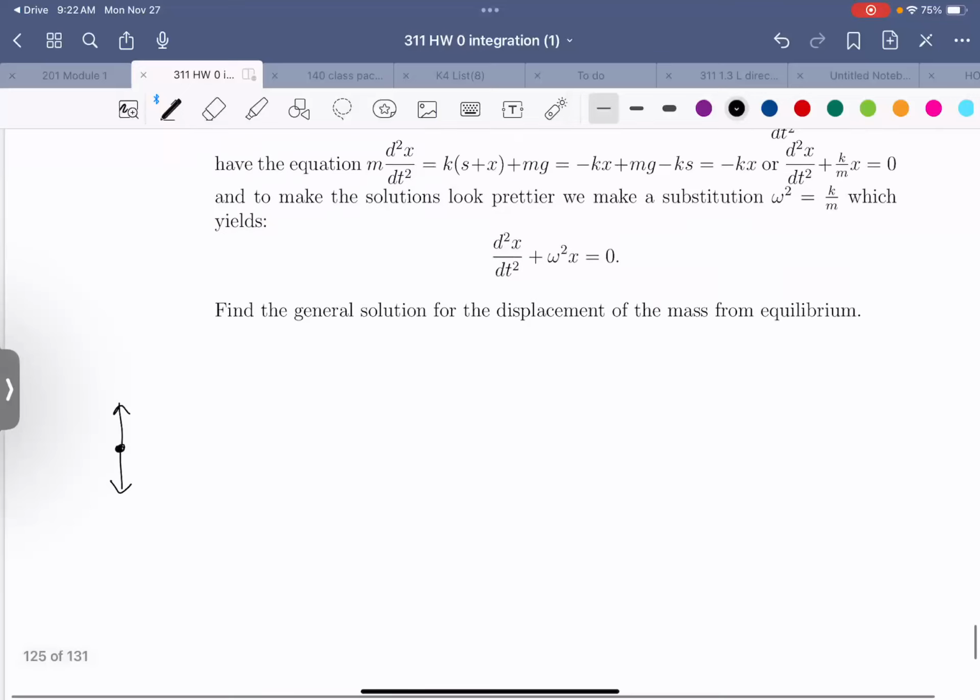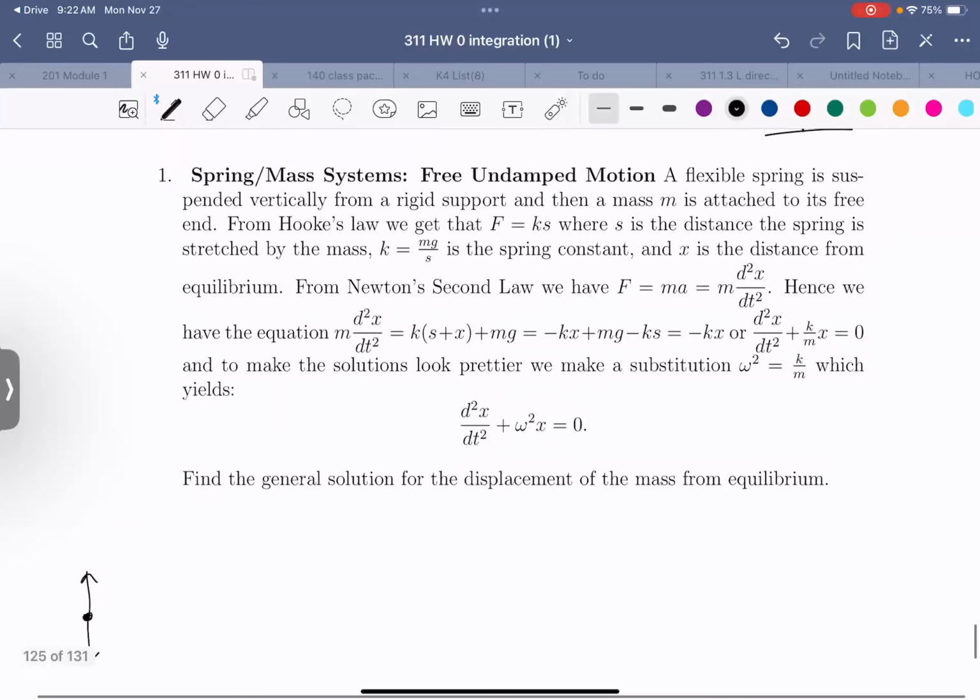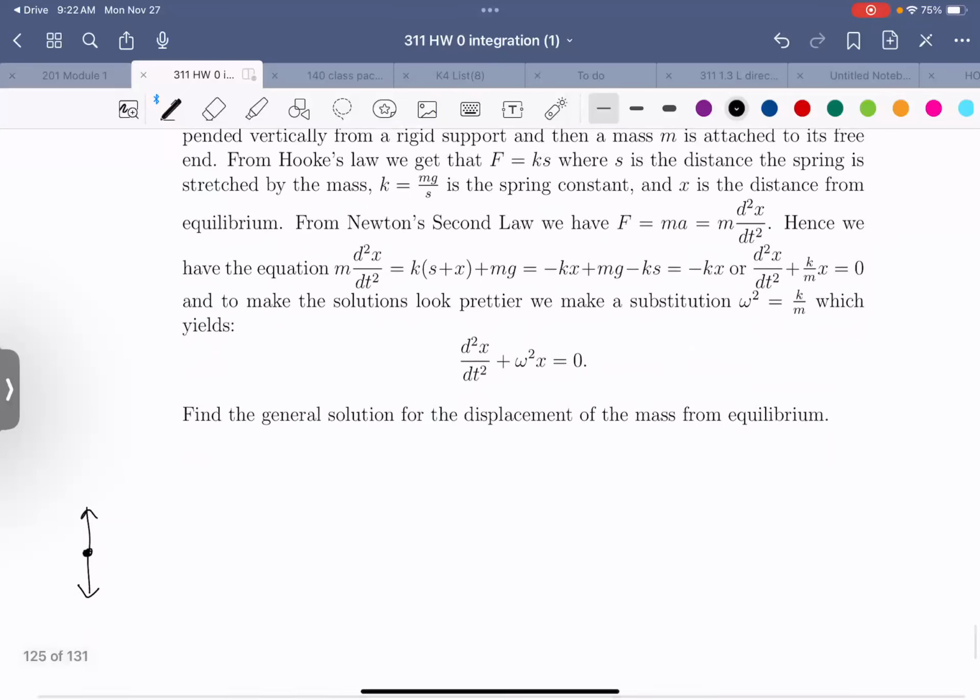So from Hooke's law, we get that the force due to the spring is K times S. So this force here is K times S. K equals mg over S, which is the spring constant, and X is the distance from equilibrium that we stretch it. So we're going to assume that at equilibrium, these 2 are balanced.